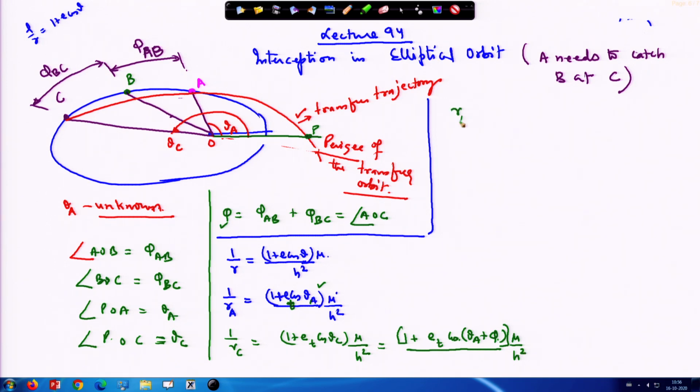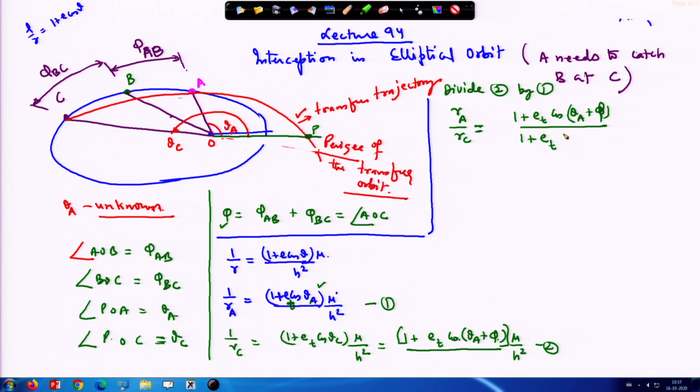Therefore, let us say this is 1 and this is 2. Dividing 2 by 1 yields R A by R c equal to 1 plus e t cos (theta a plus phi), divided by 1 plus e t cos theta a.